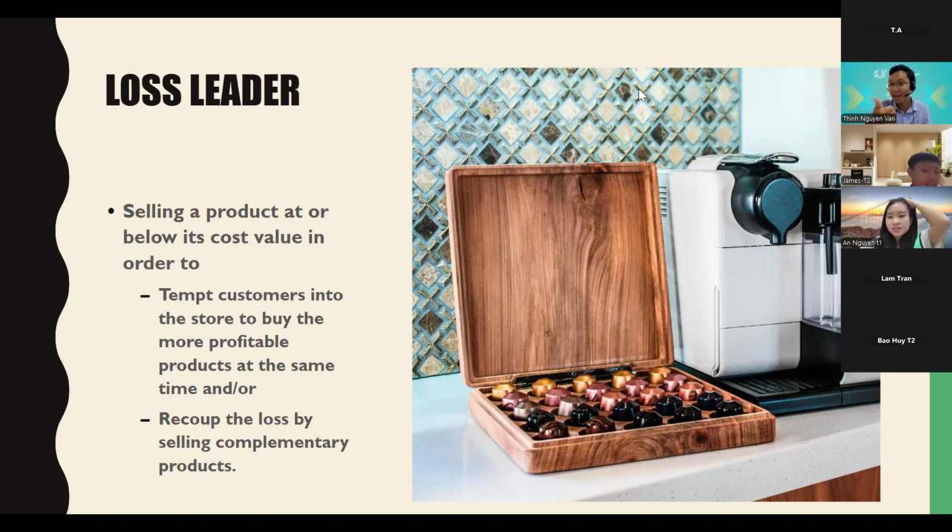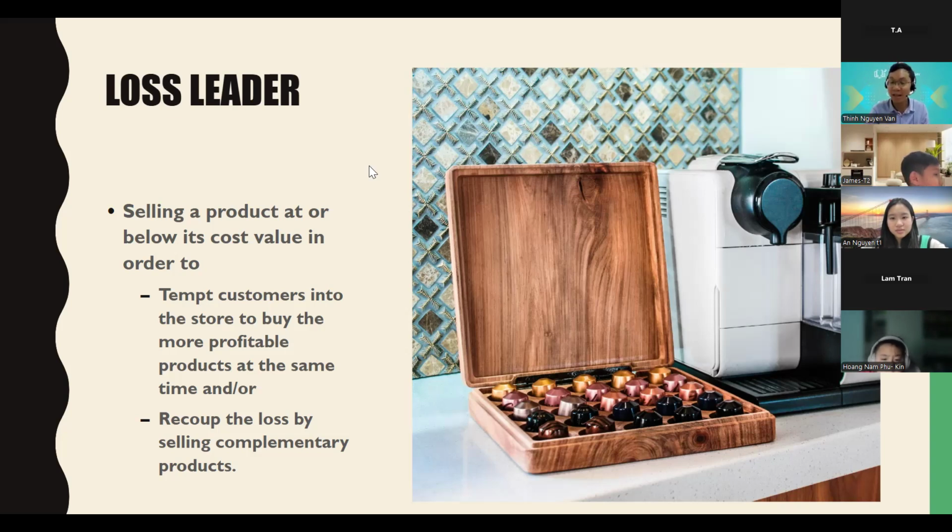Okay, so we have pen, we have to refill ink; coffee machine, we have to get coffee powder; printer; beauty tools, brushes, eyeliners, a lot of things.